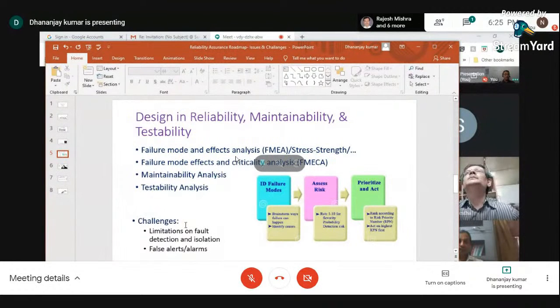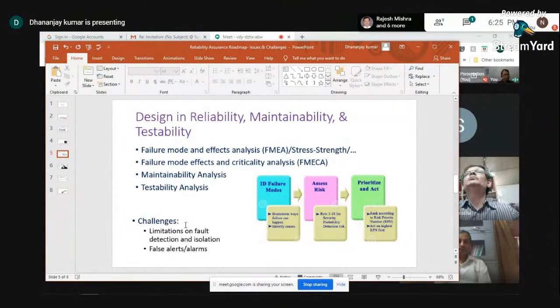To pinpoint which part is malfunctioning, we do a lot of analysis on those parts using the FMECA and FMEA to identify or to display on the dashboard what is likely to fail or what has already gone wrong.